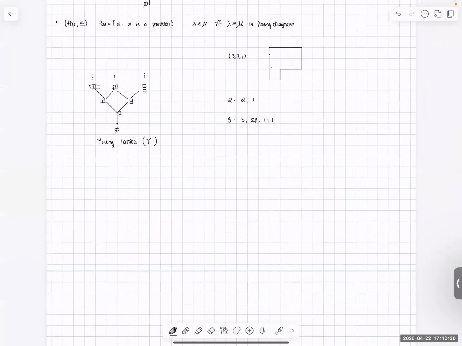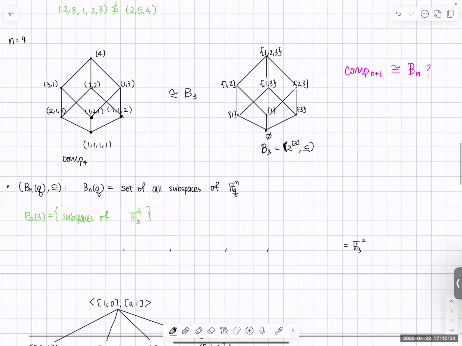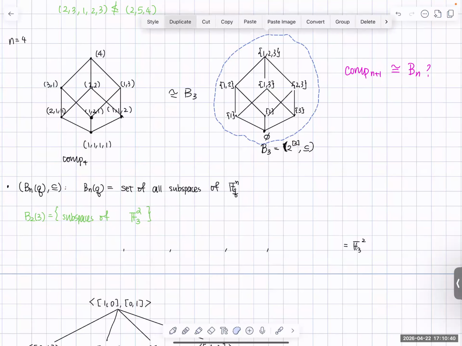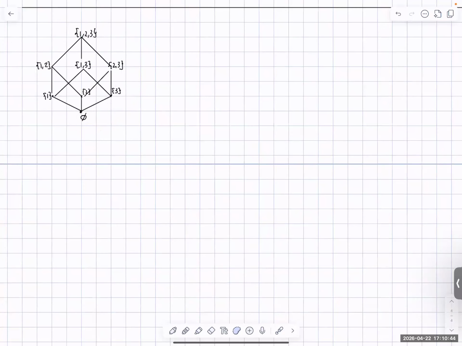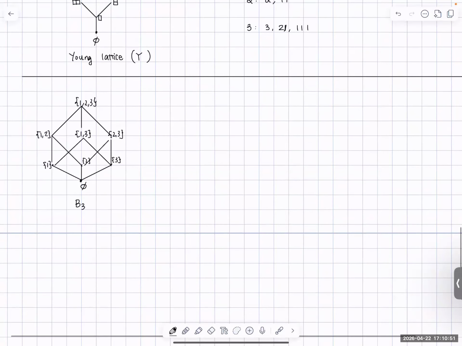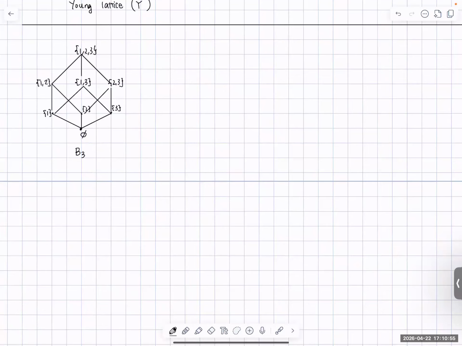So let's start with the Boolean poset here. First of all, it is good for us to learn some terminology. We start with this one, which is B3. And then there is something called the dual.